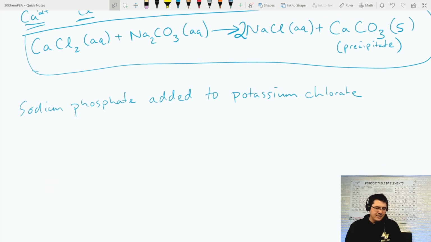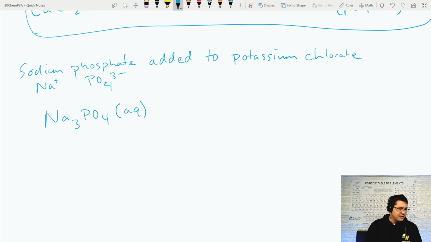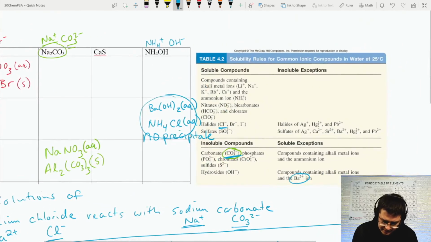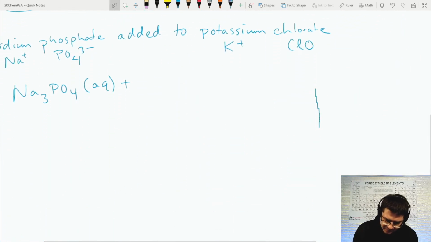What happens? Okay, so sodium phosphate, PO4 3-. Balance the charge, Na3PO4. All sodium salts are soluble, so aqueous. It's added to potassium, K+, chlorate, ClO3-.